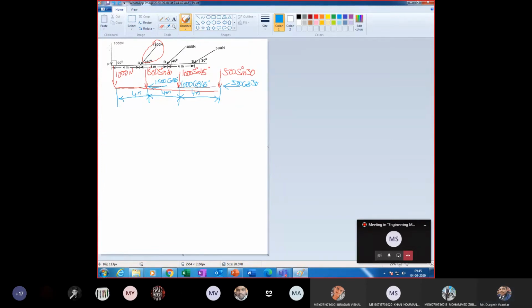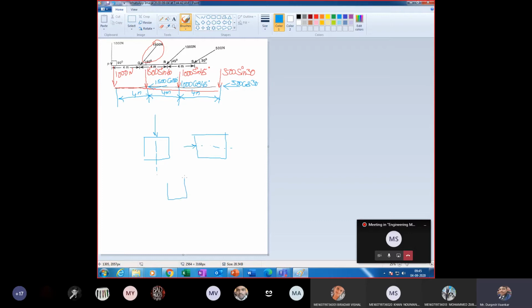Suppose if you are applying some force, let us consider this one is your body. If I am applying some force vertically, effect will be there only in the vertical direction. If I am applying some force on the body in the horizontal direction, effect will be there only in the horizontal direction.